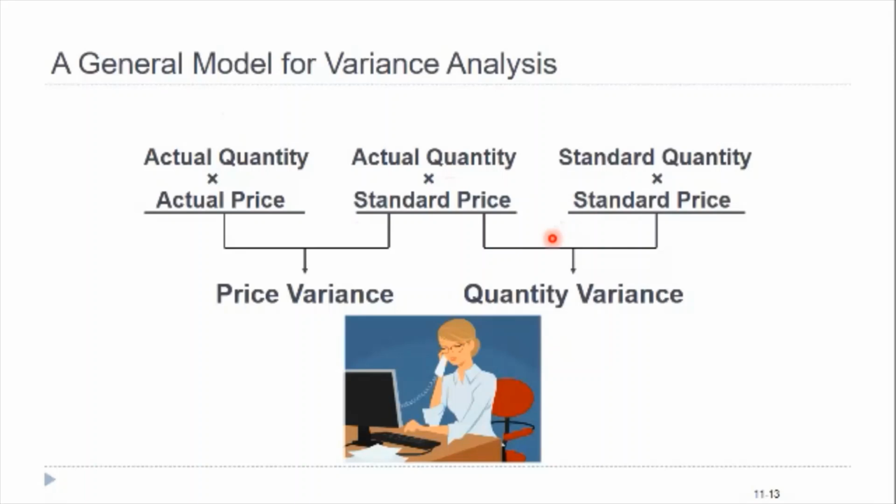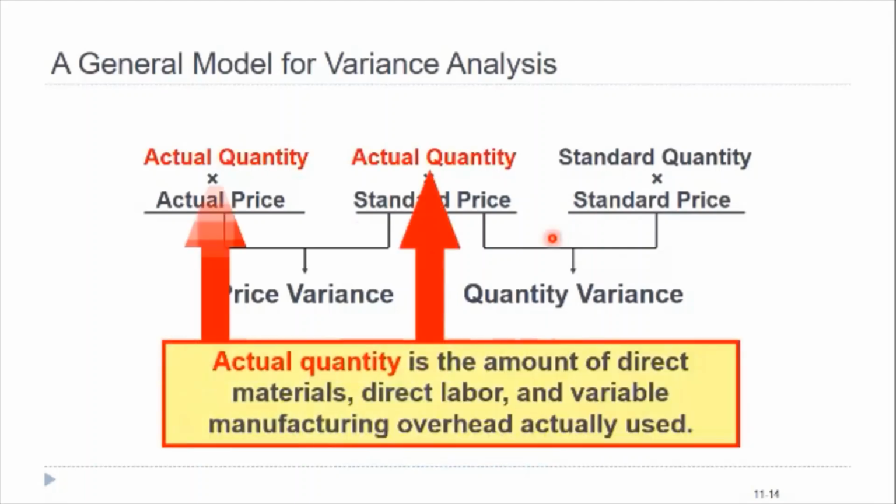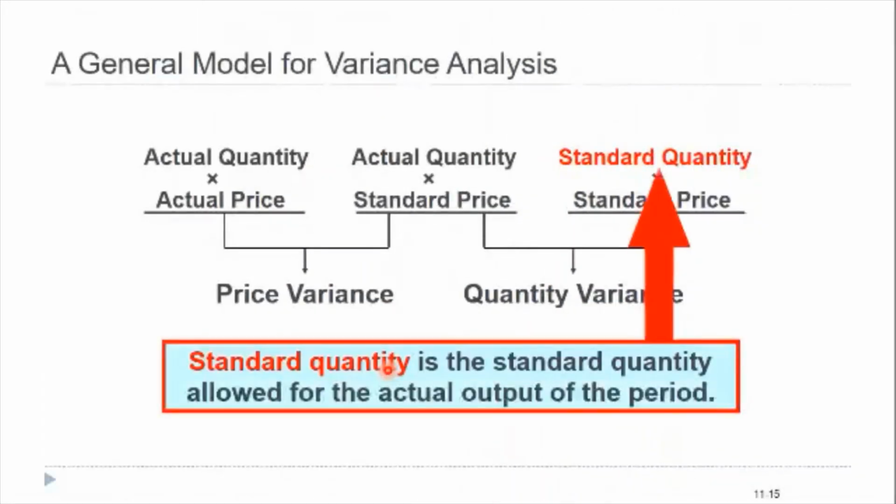Okay, now in addition to this, the actual quantity is the amount of direct materials, labor, and variable manufacturing overhead actually used. Okay, so actual in both columns, and standard in the other column, right?